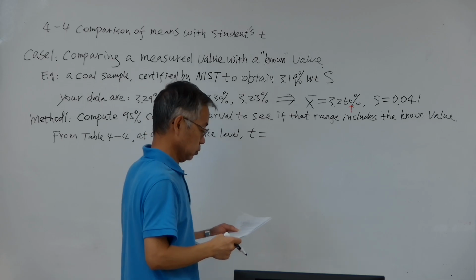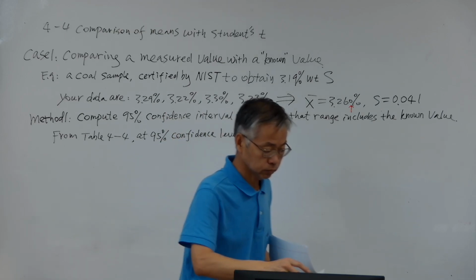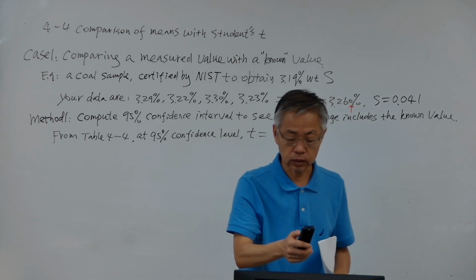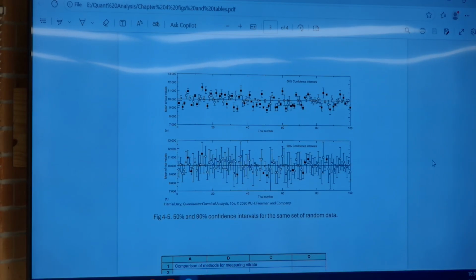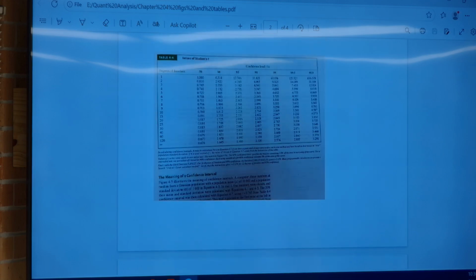You need the degree of freedom, right? You repeat 1, 2, 3, 4, so 4 minus 1 is 3. At 95, so 2.776.